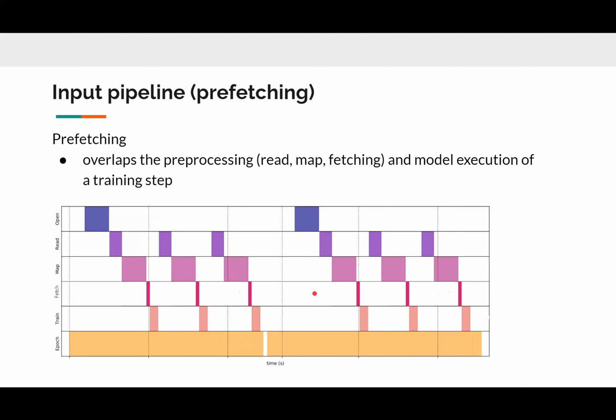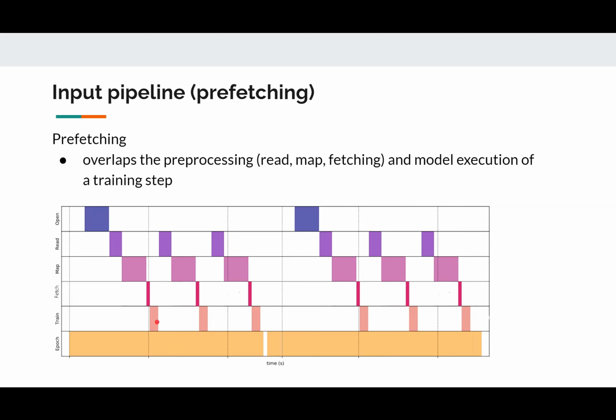One more thing is another strategy, prefetching. Here you can see in the old-fashioned way, you start reading the next chunk of data only after the training on the first batch of data is finished. You don't have to wait that long.